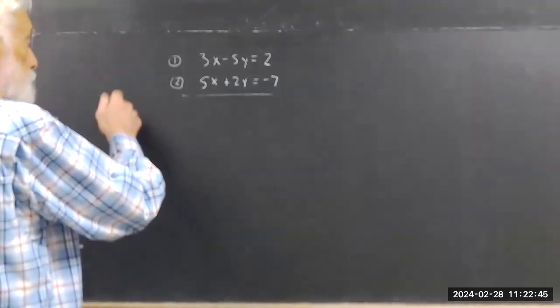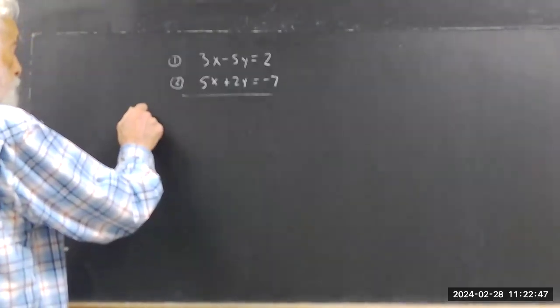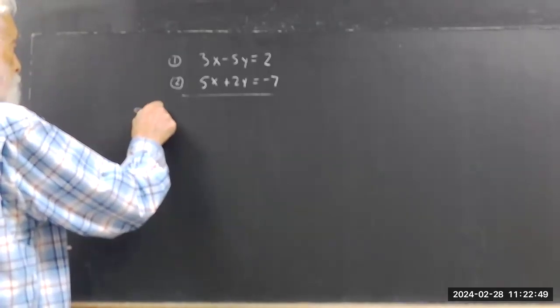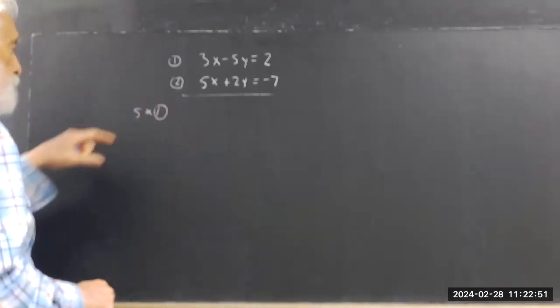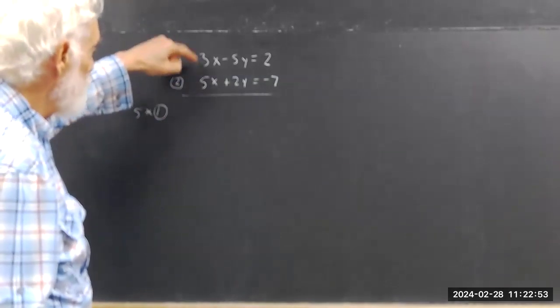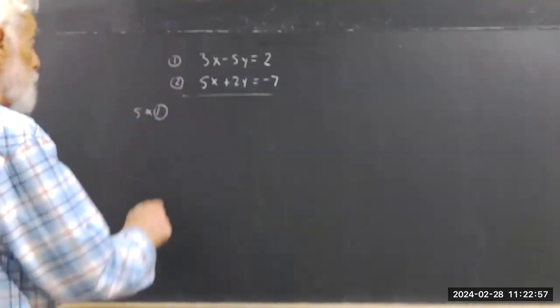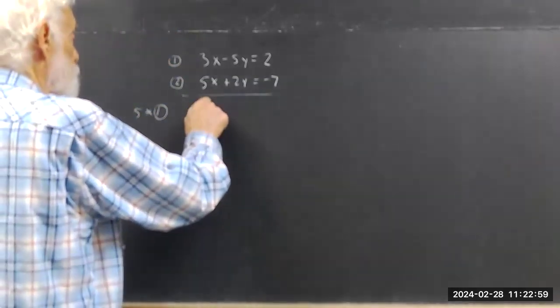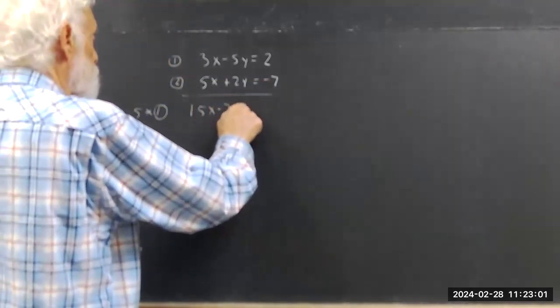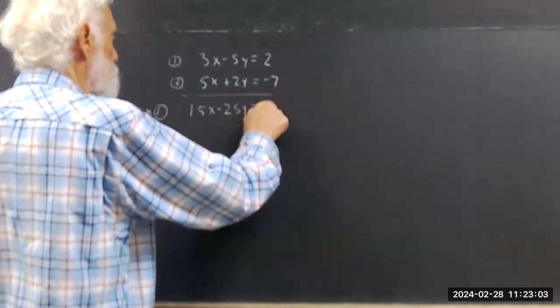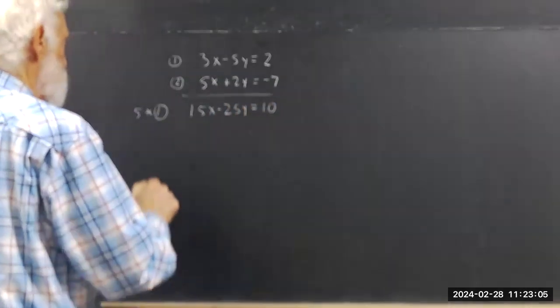Now, what we're going to do: I'm going to do 5 times the first equation, which means 5 times whichever equation was first in the last step. And that's going to give me 15x minus 25y equals 10.